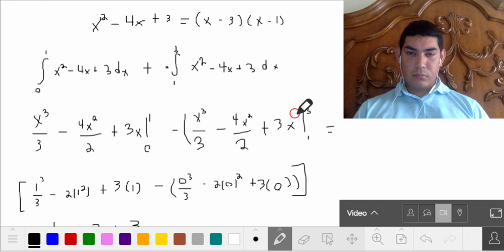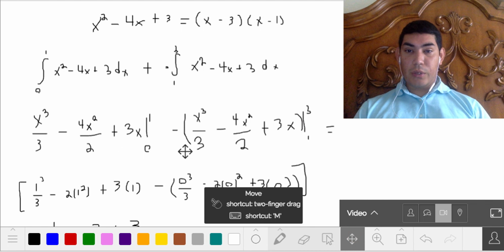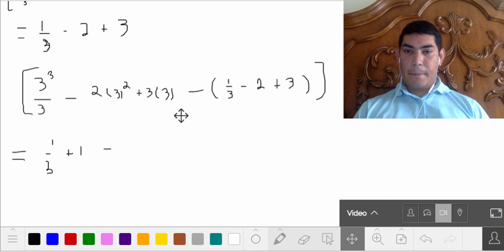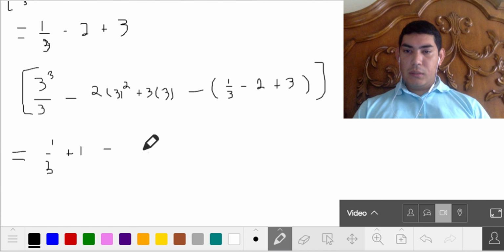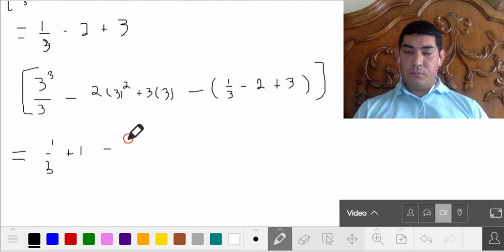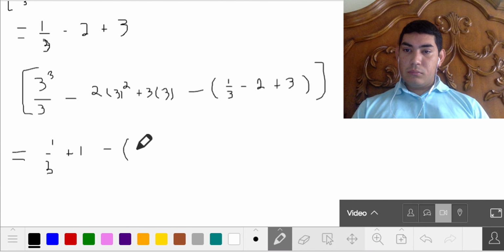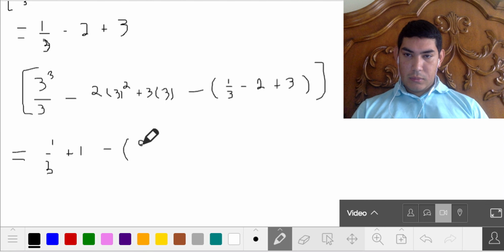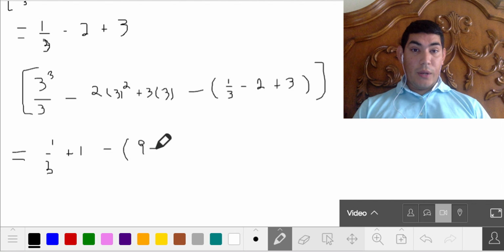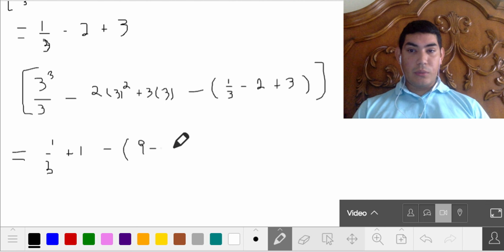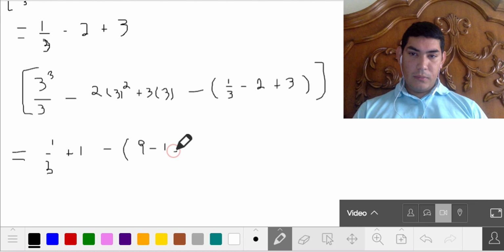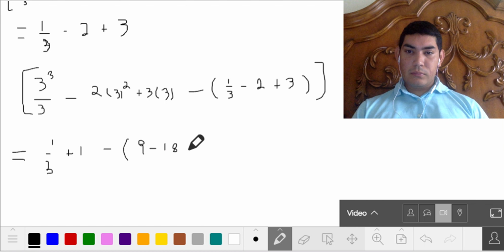So like I mentioned, here we have a minus. 3 cubed is 27, divided by 3 is 9. Then 3 squared is 9, times 2 will be 18, so minus 18 there. Plus 3 times 3, which is 9.